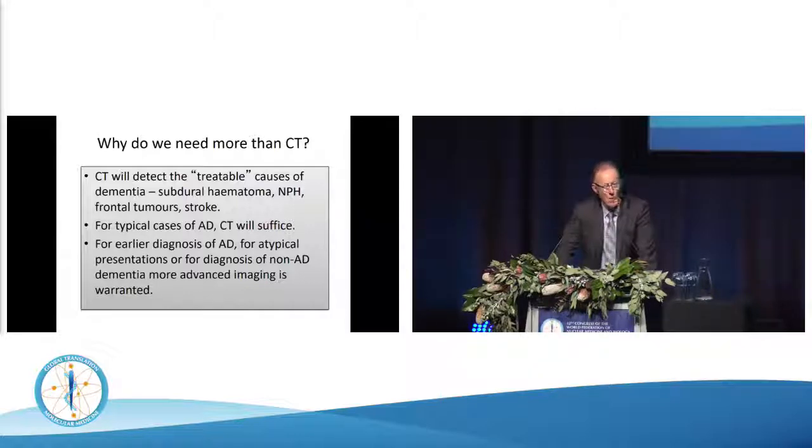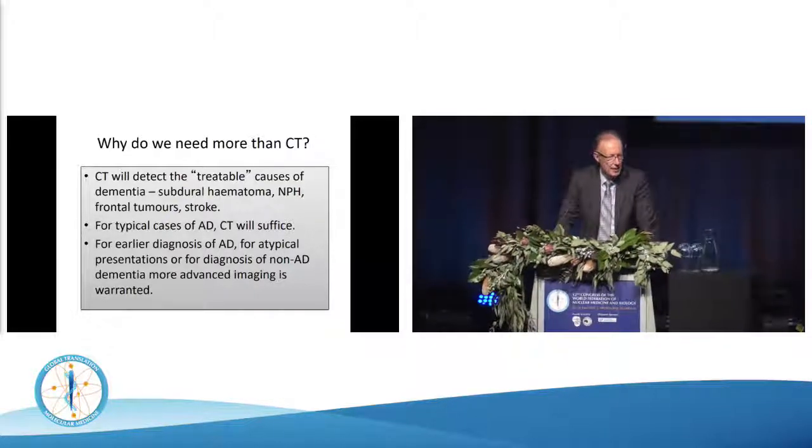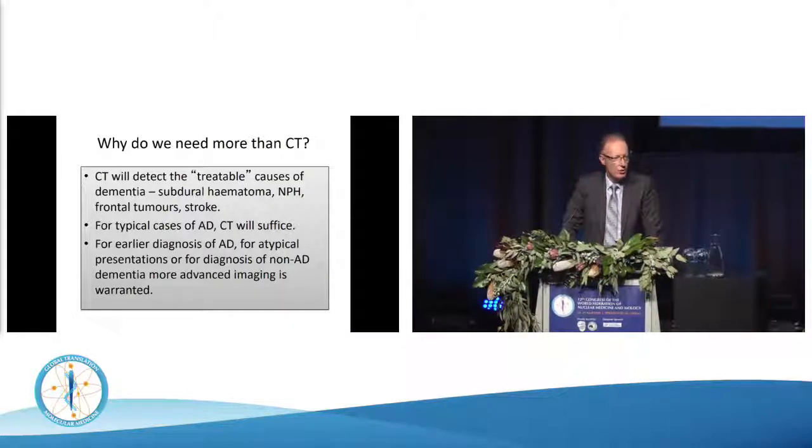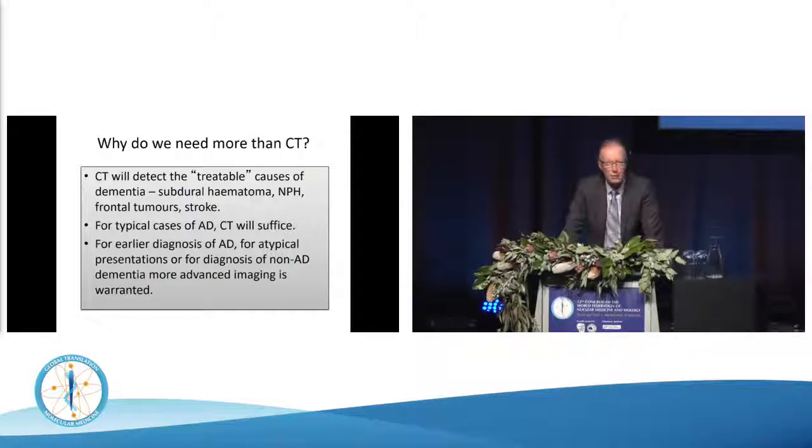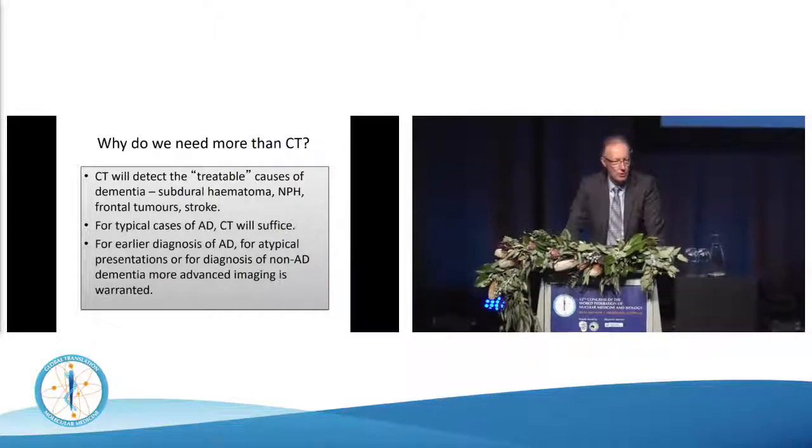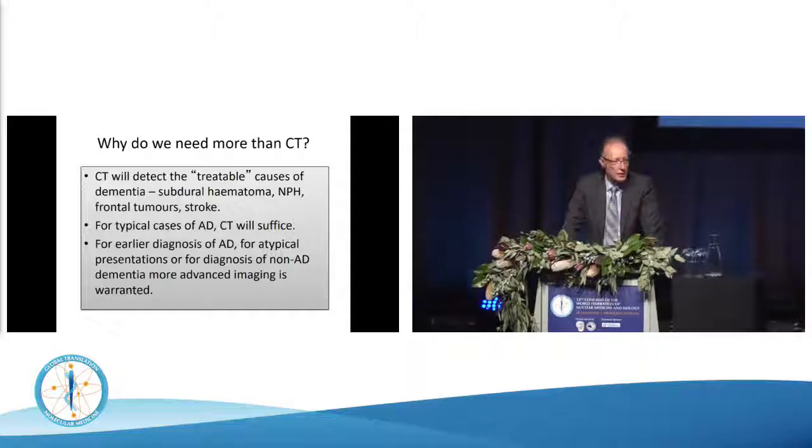But a bit of revision: why do we need more than a CT scan in dementia assessment? Because the CT can detect the so-called treatable causes of apparent dementia, such as subdural hematoma, normal pressure hydrocephalus, frontal tumours, not terribly treatable, and strokes.